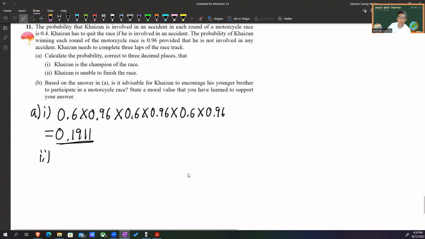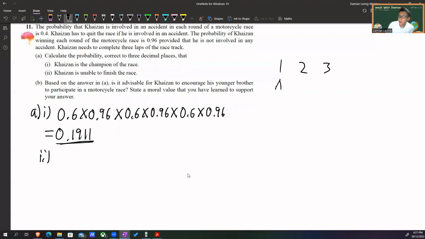Then A2, probability that Kaizan is unable to finish the race. So probability of him winning is only 0.1911. Probability of him being unable to finish the race: he can basically get an accident first round, second round, or third round. So instead of calculating each case, first there's 1, 2, 3 rounds.